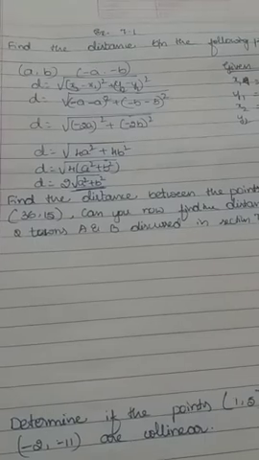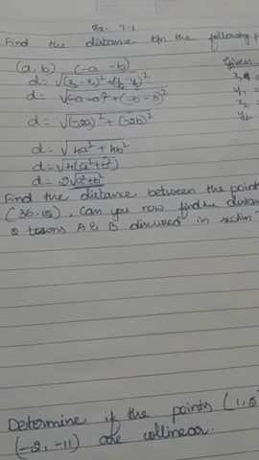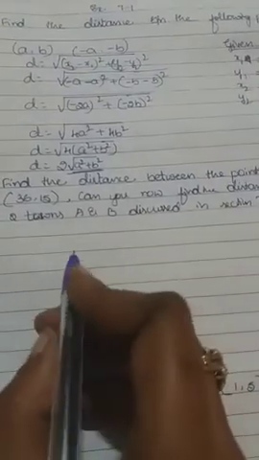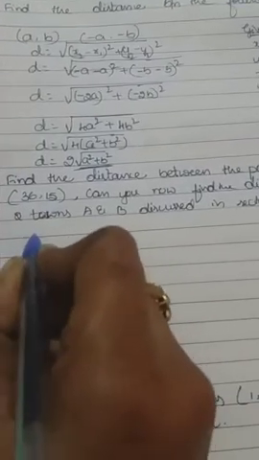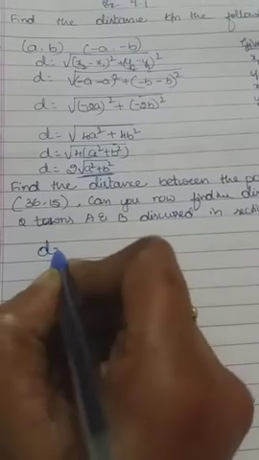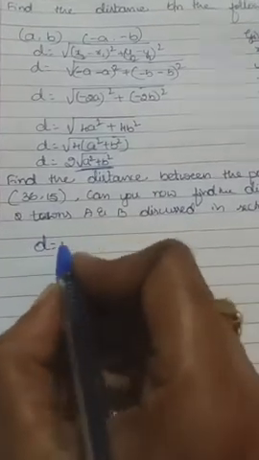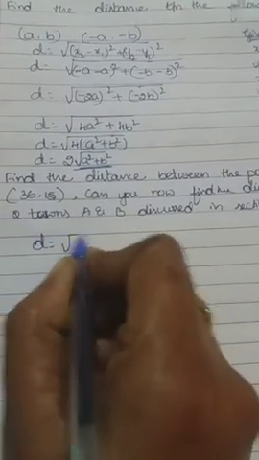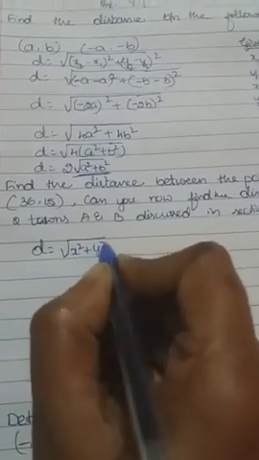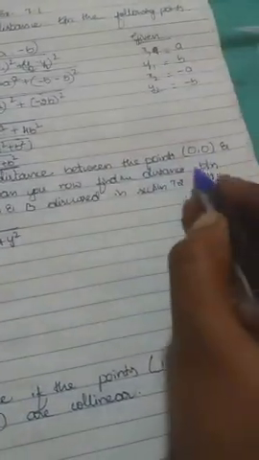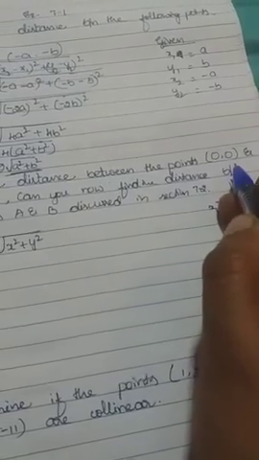So if the origin is 0, 0, the distance formula, note down, d equals square root of x square plus y square. Keep that in mind.